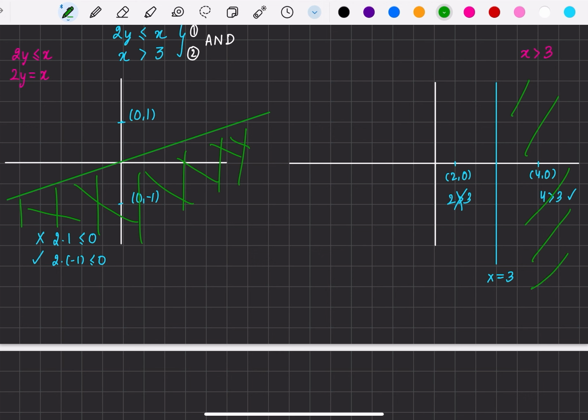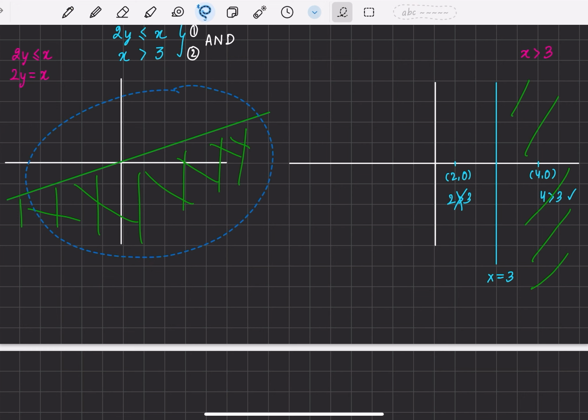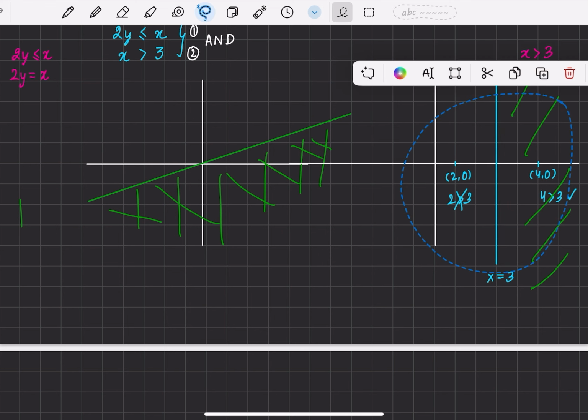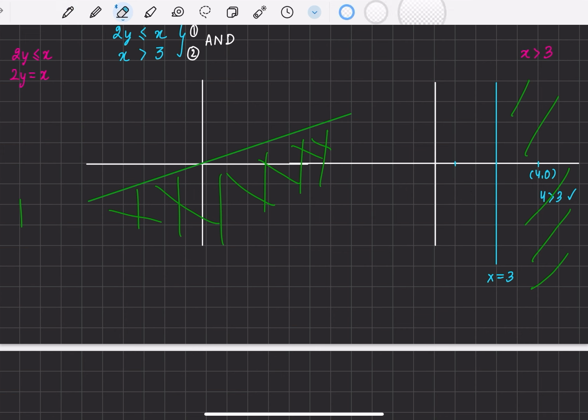Now we combine the solution spaces. How do we combine them? Let me show you. We'll take this graph and merge it with this graph. Before that I'll erase this so it becomes easier to see.